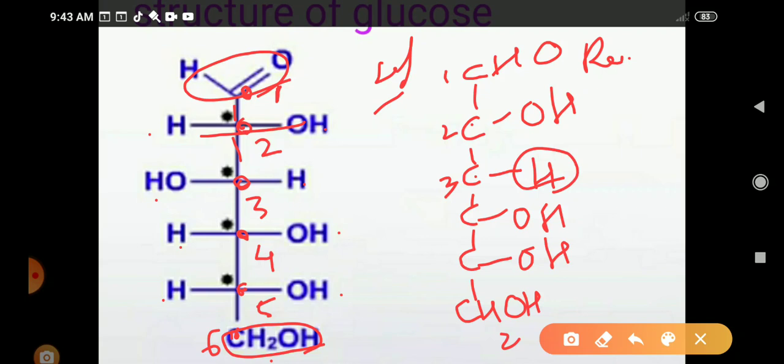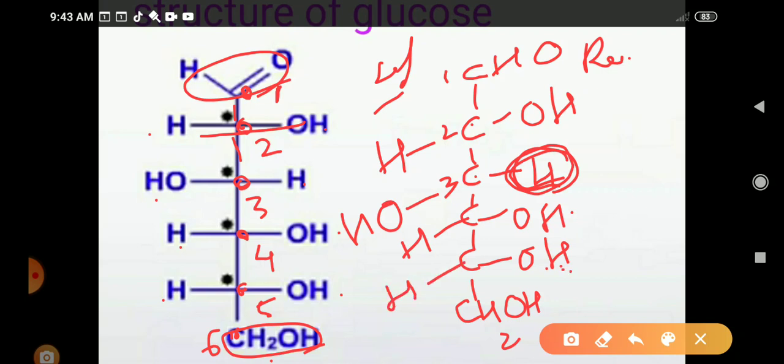Now whatever is on the right side, the left side will be the opposite of that. If it is H here, there will be OH on this side. If OH is on one side, there will be H on the other. OH is on this side, therefore H will be on this side.